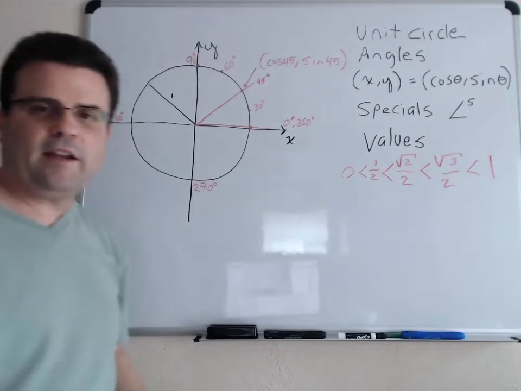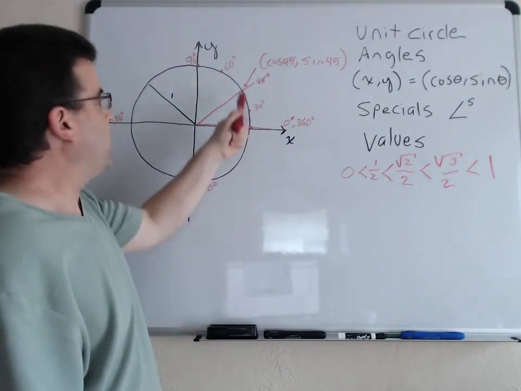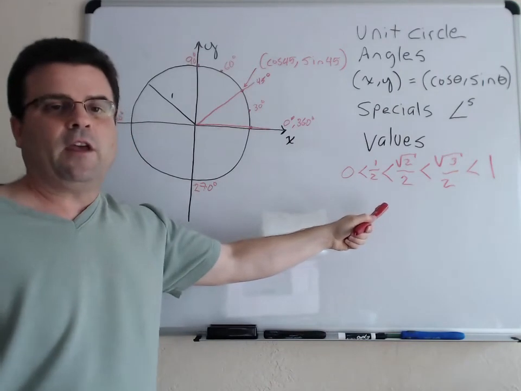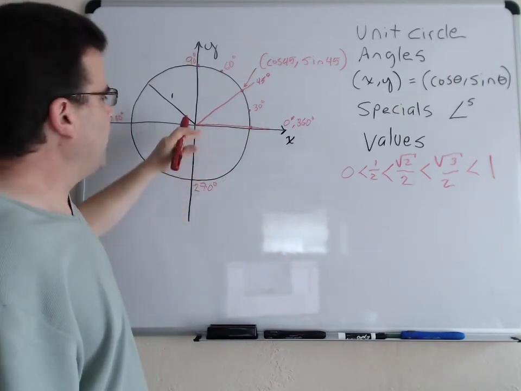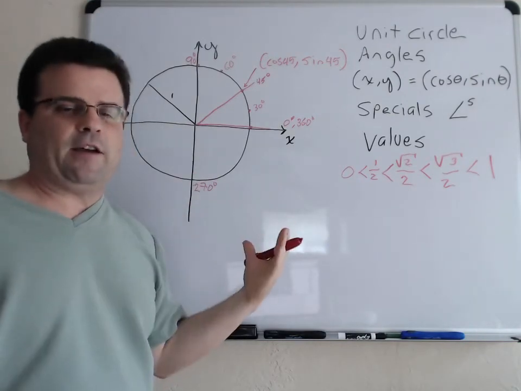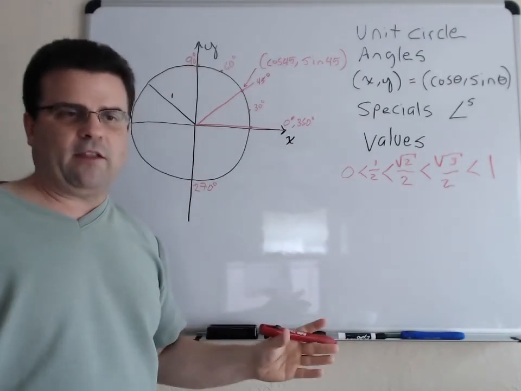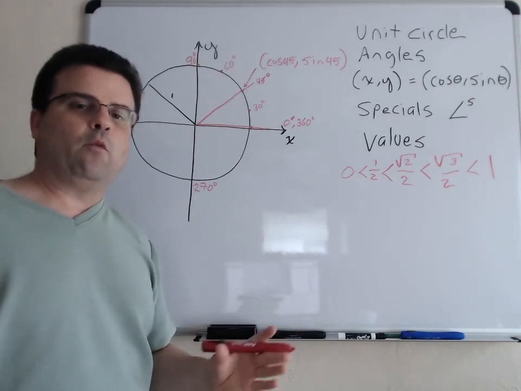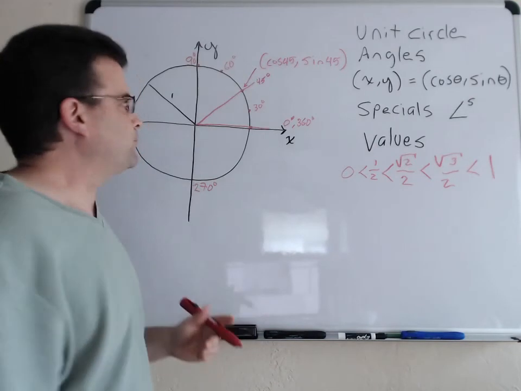So the cosine and sine of all of these angles, all the way around, are going to be one of these 5 values. Over here in the second, third, and fourth quadrant, it could be the negative of those values, but we'll get into that, and that'll be easy for us to decipher which one should be positive or negative.